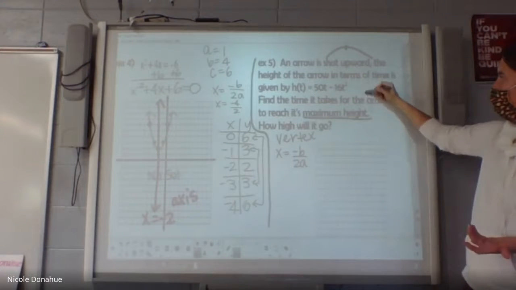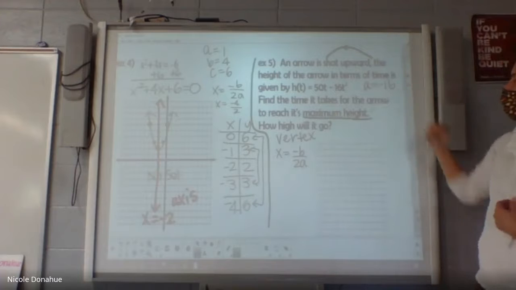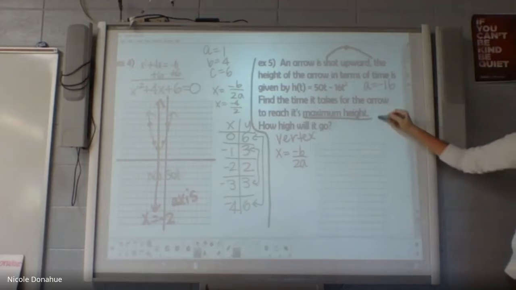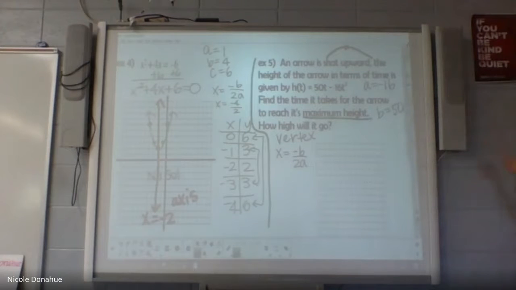So in this case, a is negative 16. Our b is going to be 50, because that's what's next to the t term. So we've figured out a and b. Now, what's c? 0, because you're starting from the ground, so that's the very bottom.